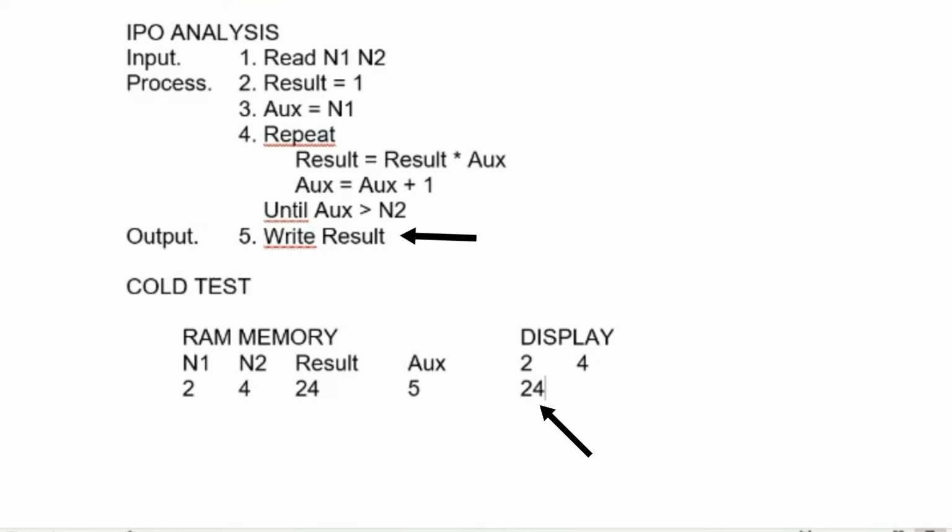Result is 24. And you see, you receive 2 and 4. You multiply the numbers 2, 3, and 4. 2 by 3 is 6. 6 by 4 is 24. This is the number here. So did you reach the objective? Yes, of course you reached the objective.